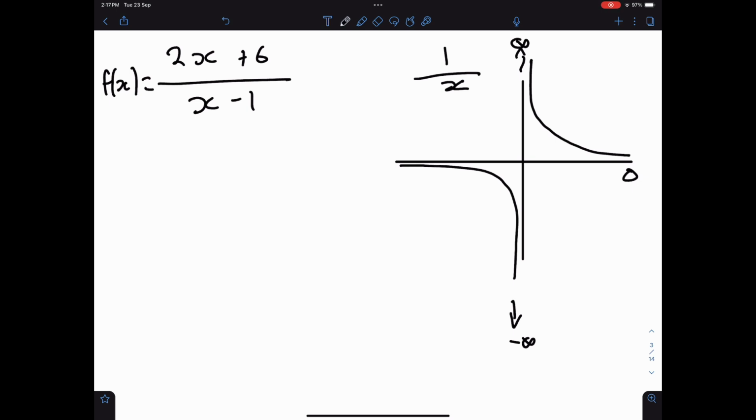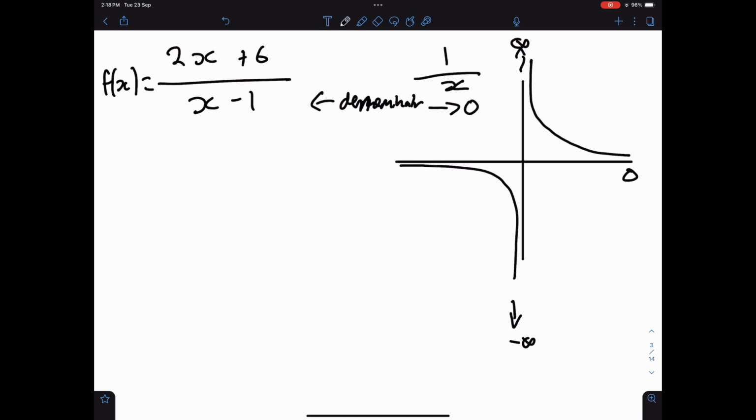And we know that as the denominator approaches 0, you can't divide by 0. And if you keep dividing by smaller and smaller numbers, you just get bigger and bigger, closer to infinity.